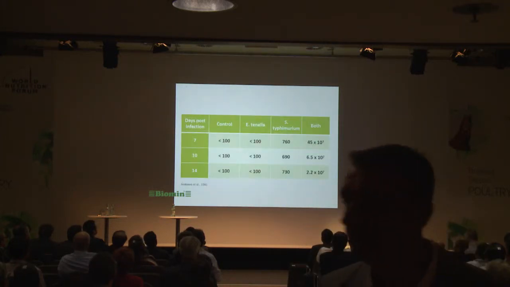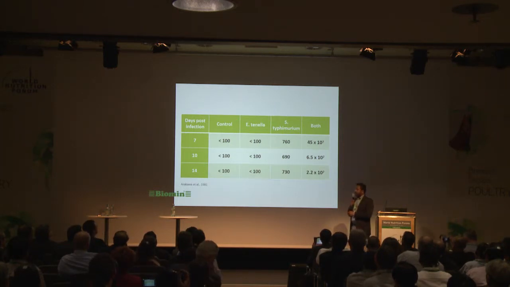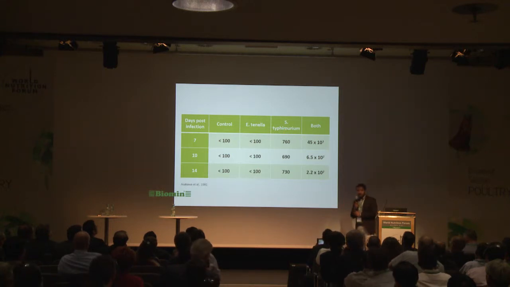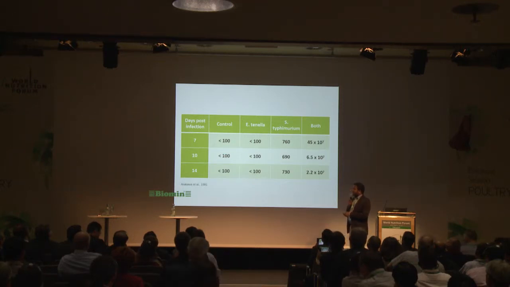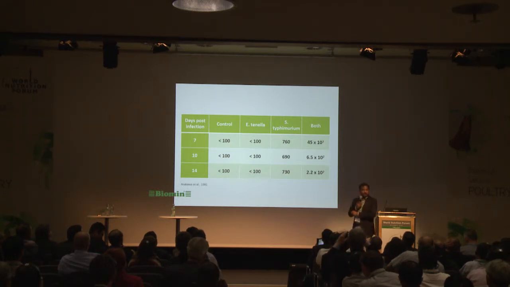And this is another experiment. Here again, there were 4 different treatment groups: a control, an Eimeria tenella challenge group, a Salmonella typhimurium group, and a combination of both. We looked at 7, 10, and 14 days after the challenge. The control group had no Salmonella. The Eimeria group obviously was not challenged with Salmonella, so there's no Salmonella. The Salmonella group, of course, was challenged, so it had some Salmonella.